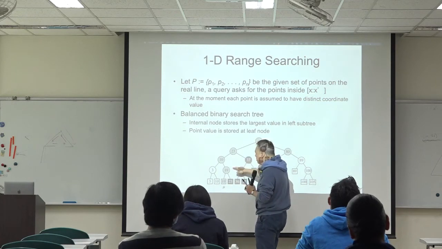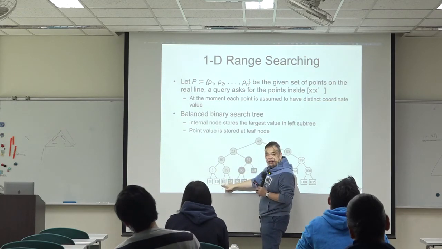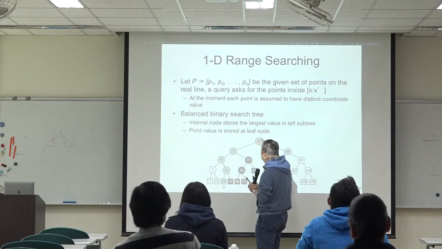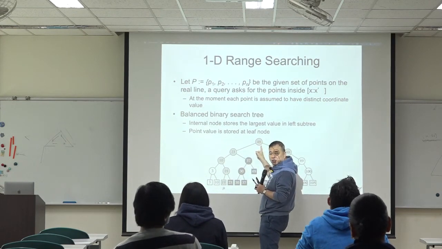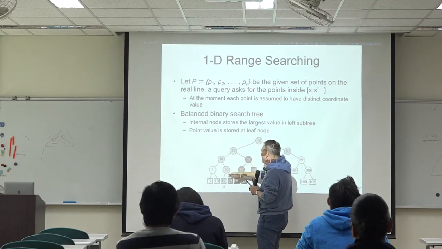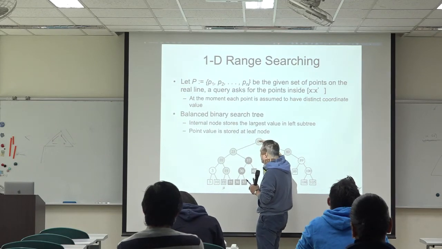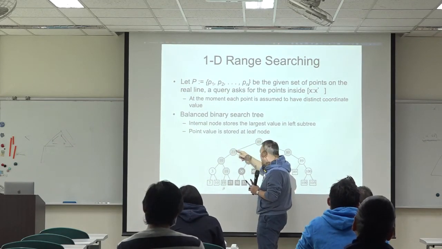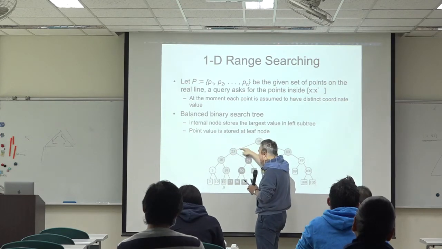Say here we are looking for 15, remember? We know we split at this point. For the lower bound, from this split node, we search for x, 15 to be exact.